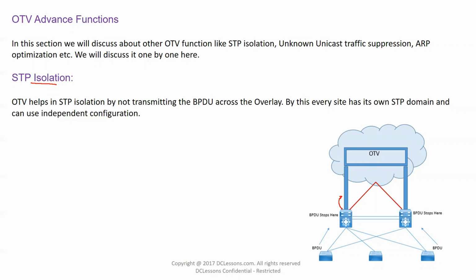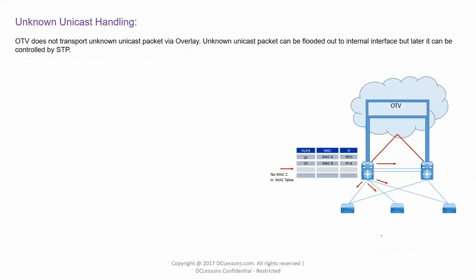By this, every site has its own STP domain and can use its independent configuration. So the STP is stopped here; they are not allowed to send. All STP works here only, right?